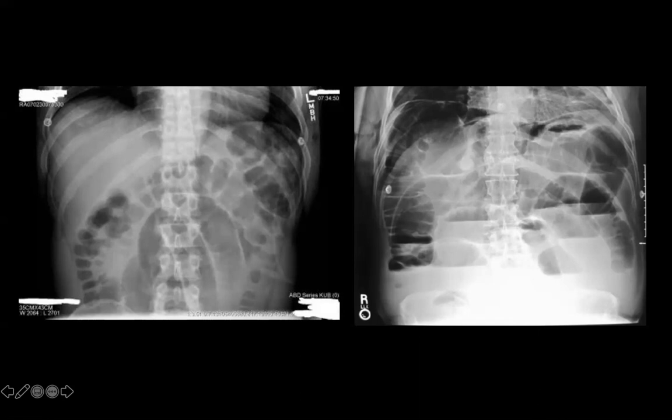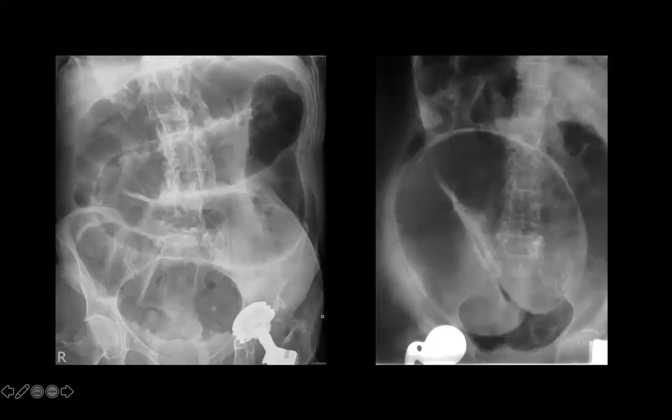In bowel obstruction, there's the 3-6-9 rule. 3 is for small bowel: if it's 3 centimeters dilated, that's distended. In large bowel, this is large bowel, if it's 6 centimeters dilated, that's distended. If it's cecum, 9 centimeters. This is not a cecum. Sorry, this is a sigmoid.